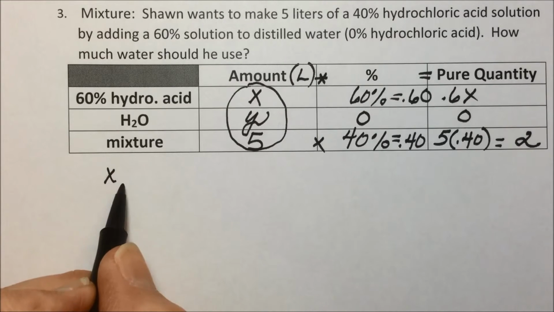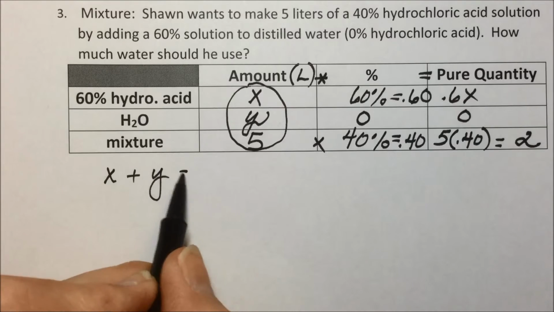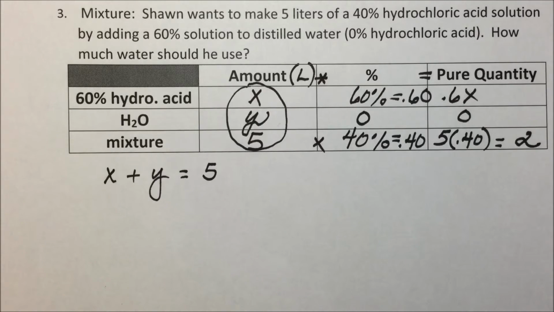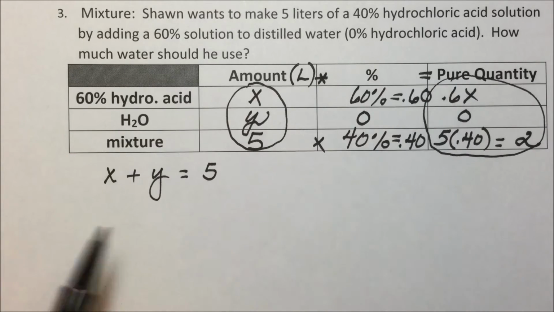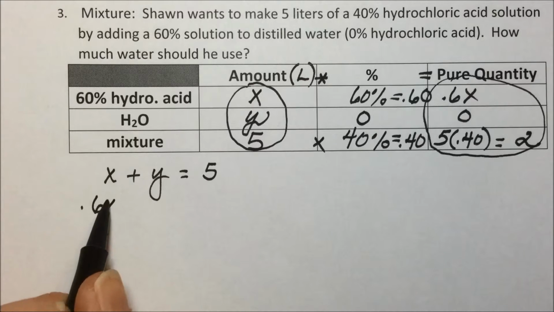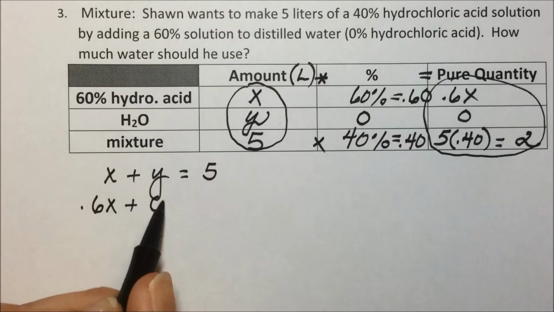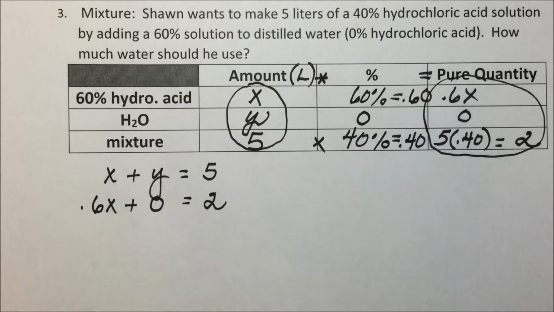As far as quantity, the 60% solution plus the water results in a mixture of 5 liters. The second equation comes from here. Our pure hydrochloric acid plus none from the water is equal to the 2 in the mixture.